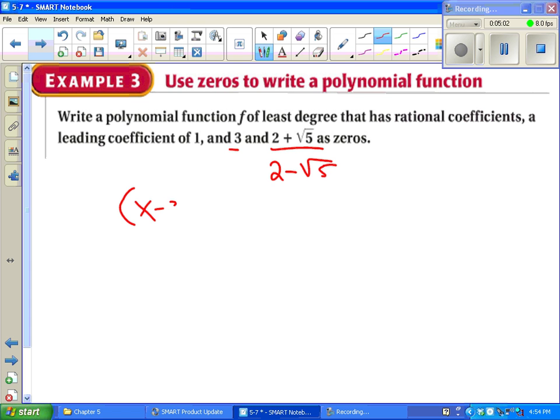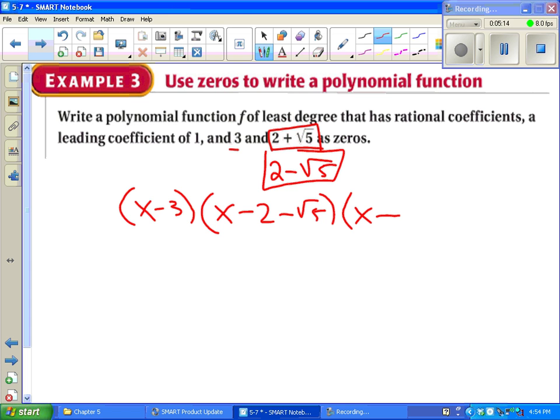We got x minus 3, x minus this whole thing, so that means this minus sign distributes, and x minus this whole thing. Again, the minus sign has to distribute. Looks kind of messy. That's going to be our least possible degree.